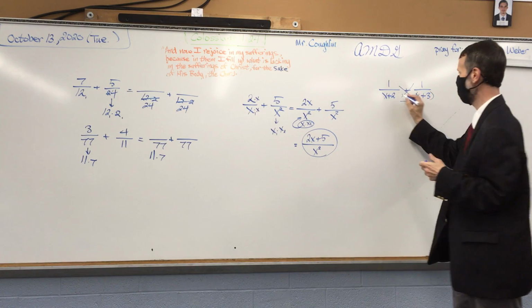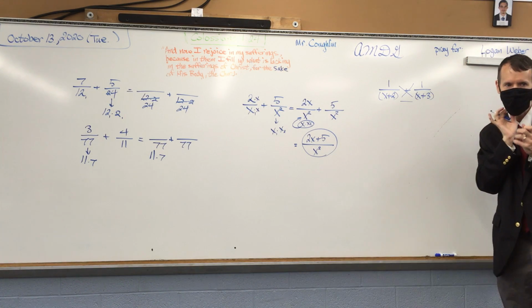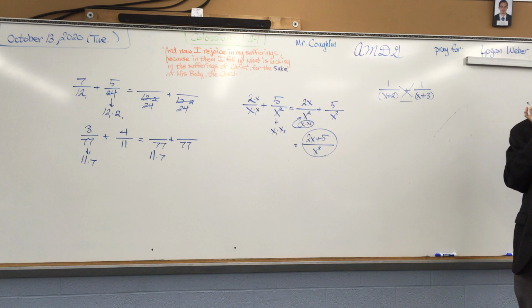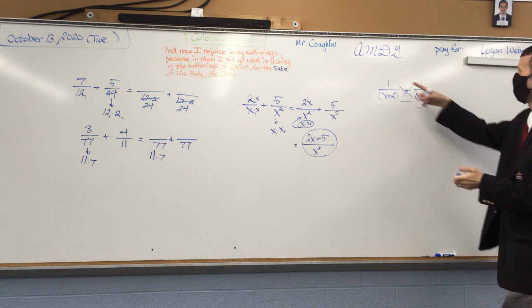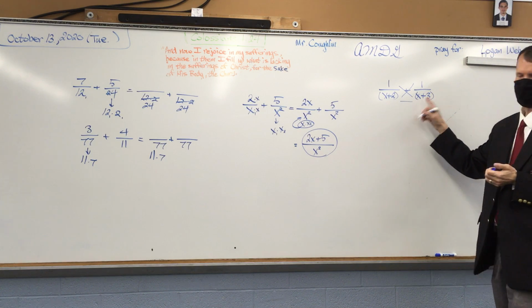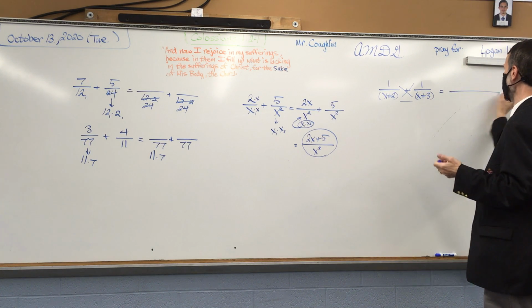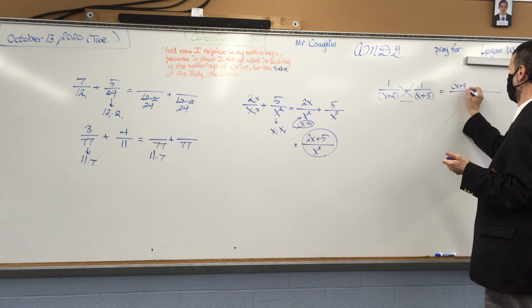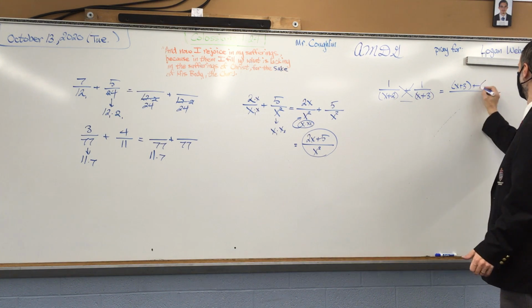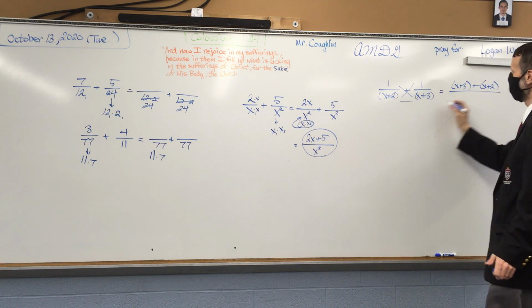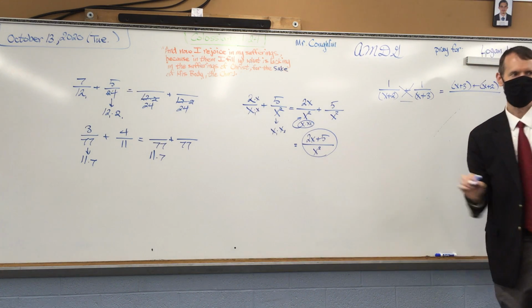I would suggest, though, that you put these in parentheses. So what's 1 times this thingy? Parentheses x plus 3. Yeah, parentheses x plus 3. Plus, what's 1 times this thingy? Parentheses x plus 2. And then what's this times this?